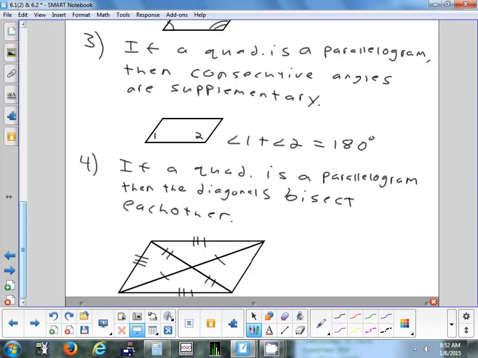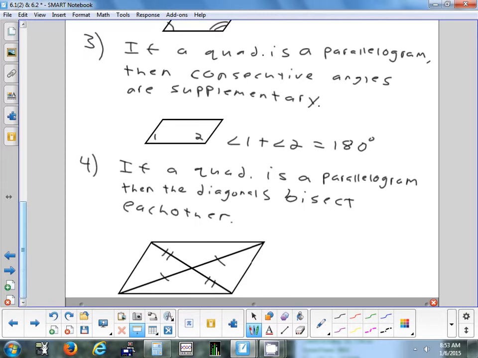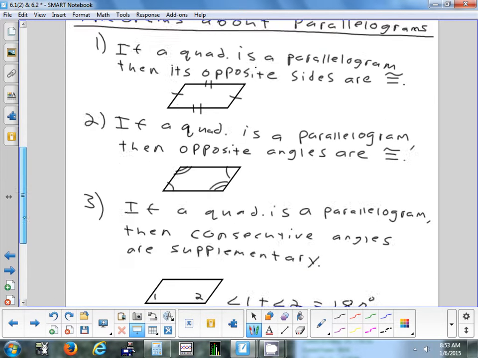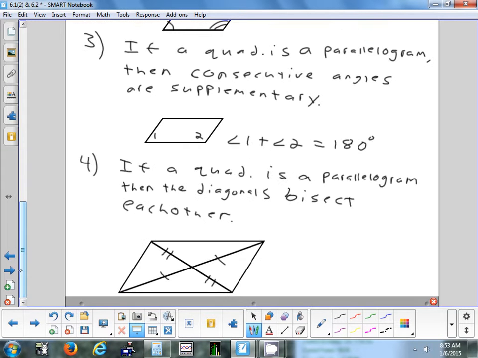You can do that, right? Yep. And now those triangles are congruent by side, side, side. The top and the bottom, and the left and the right. So there's all kinds of things that match up here. We could also get into angles. Yeah, opposite angles are congruent. Tons of stuff. Any questions on those four theorems?